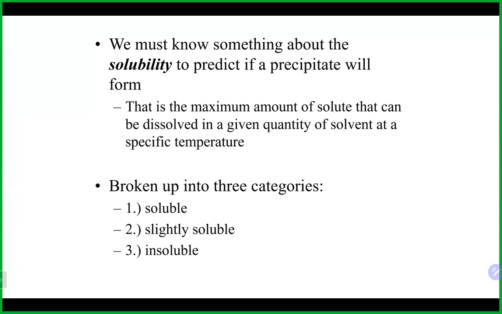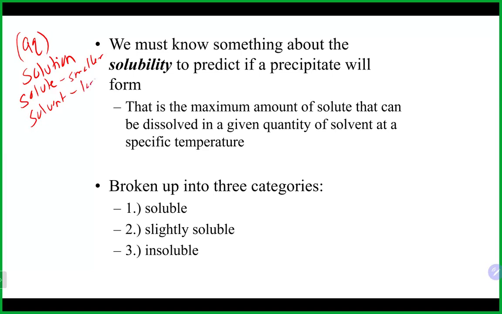Solubility in general is the maximum amount of solute that can be dissolved in a given amount of solvent at a specific temperature. What we're talking about here again is aqueous, a solution, which is really a homogeneous mixture that we talked about. And there's really 2 parts to the solution. If you remember, we talked about a solute, which is the smaller part, and a solvent, which is the larger part.